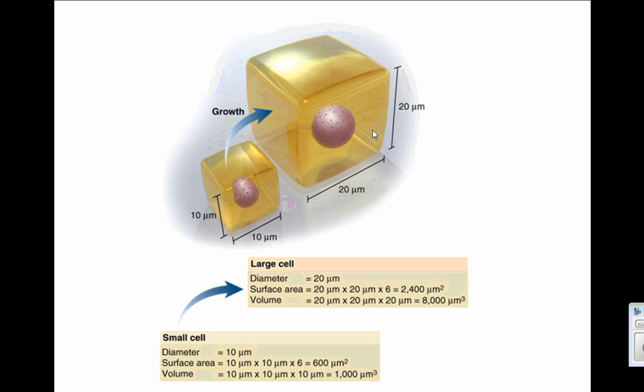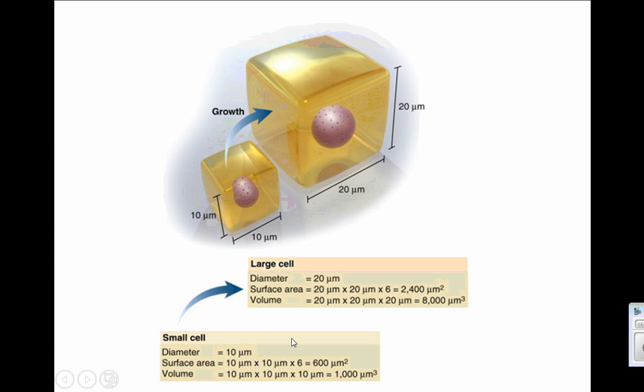Well, surface area refers to basically the outer faces. How much of these faces there is. We've got surface area for our small cell, which you calculate as 10 times 10, so it's length times width. And since there's six faces, you multiply it by 6.